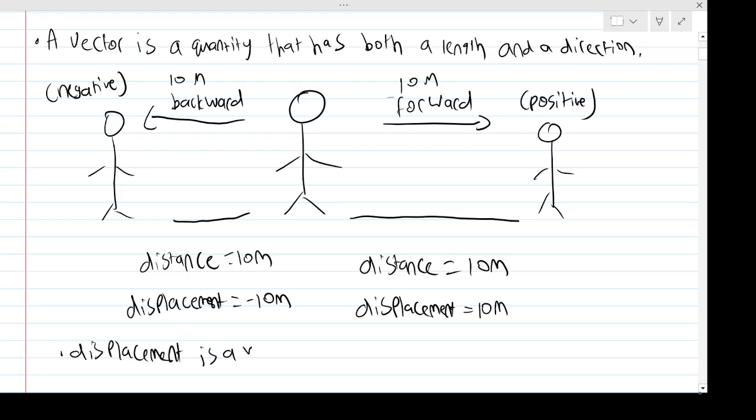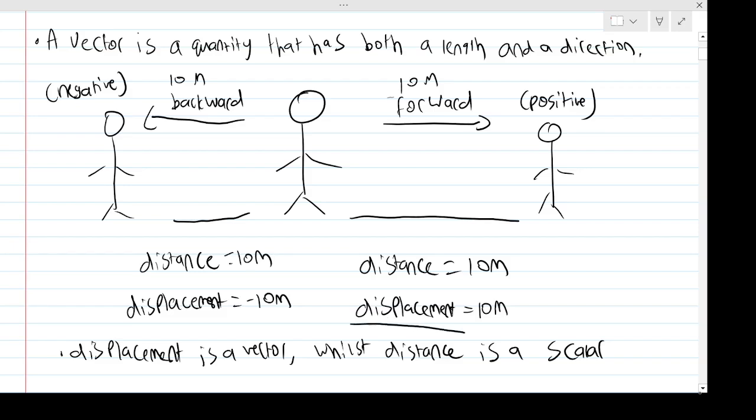So displacement is a vector, whilst distance is the length, which technically we call a scalar. A scalar is literally just the length part of it, just a number. The problem is the distance doesn't consider the direction, just the number of how far they travelled.